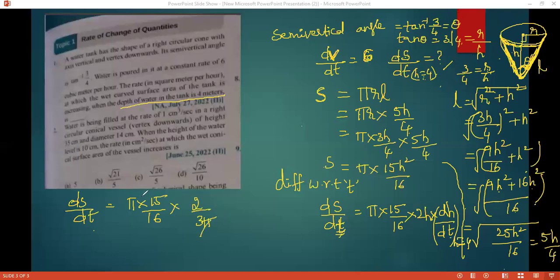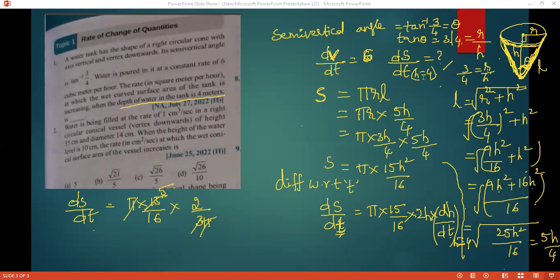So pi cancels here, and 3 cancels. So here we have pi into 15 by 16 into 2h into dh by dt.